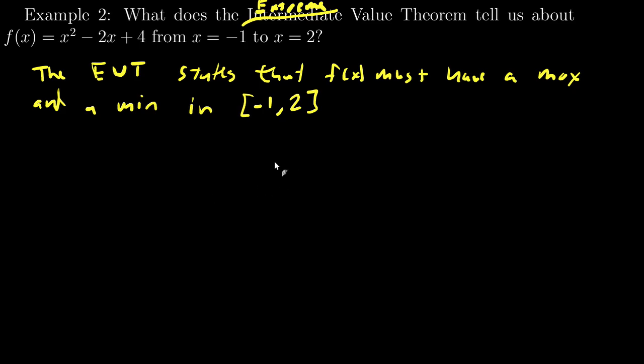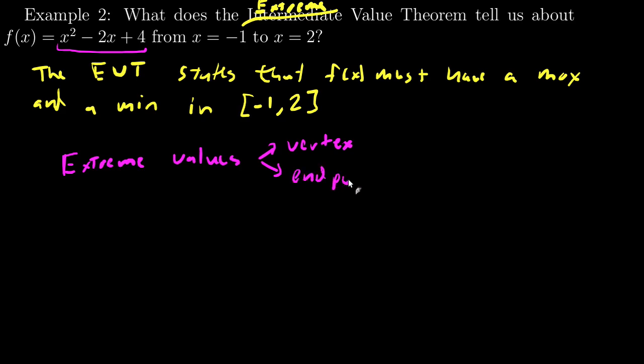So this will lead into some things we'll see later, but the extreme values for this type of function, for a parabola, can only happen one of two ways. They will either happen at the vertex or at the endpoints of this.